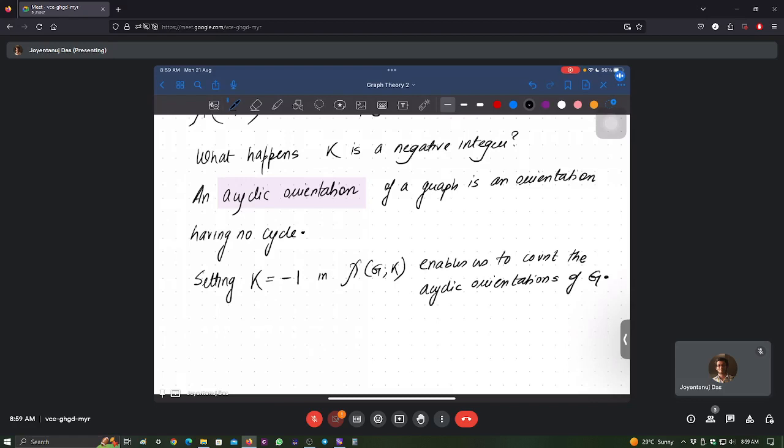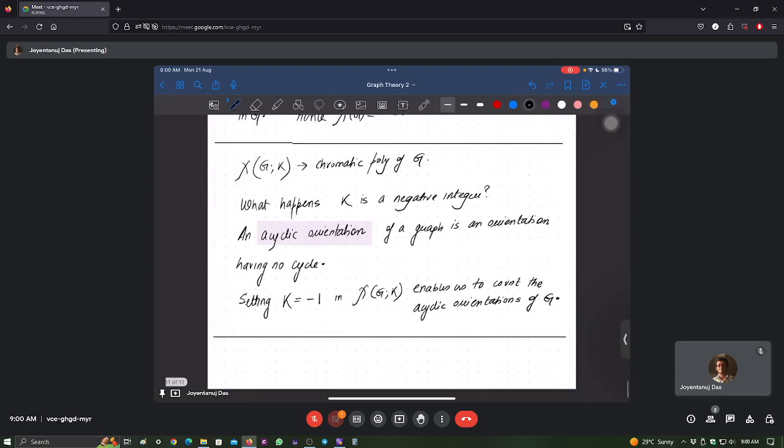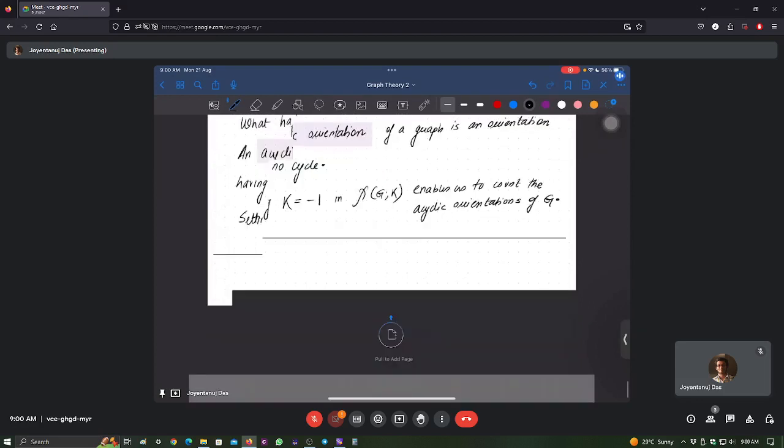We'll see through an example what is happening. So up to this is clear. Yes, clear about the statement. So let us see an example.